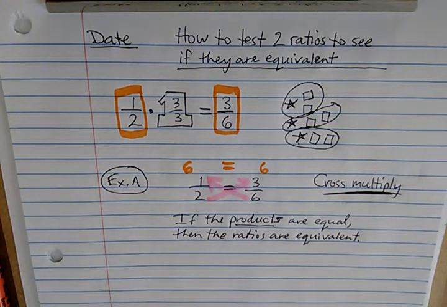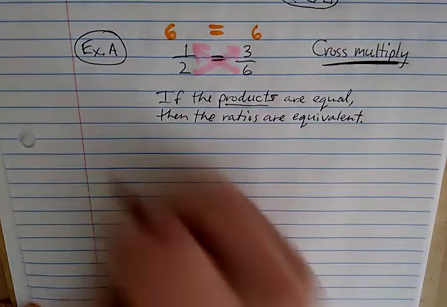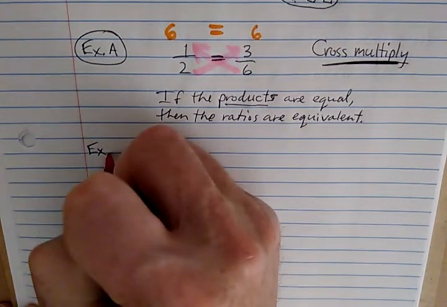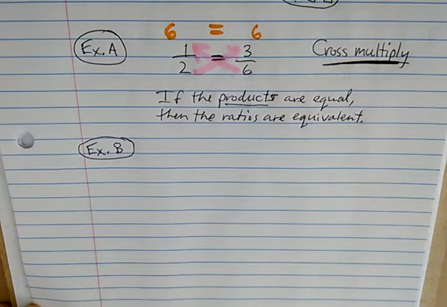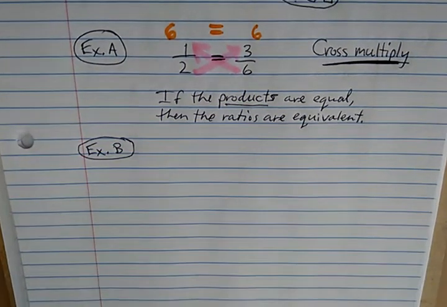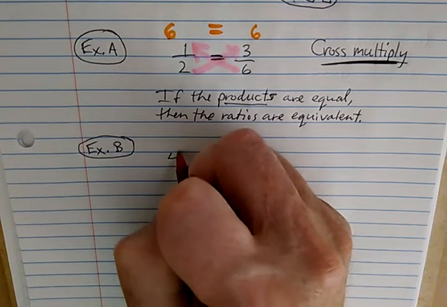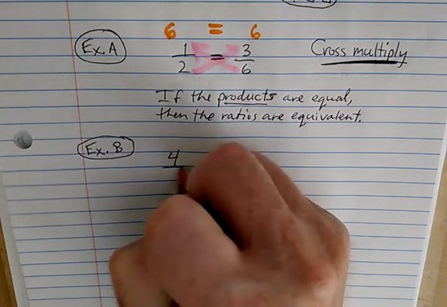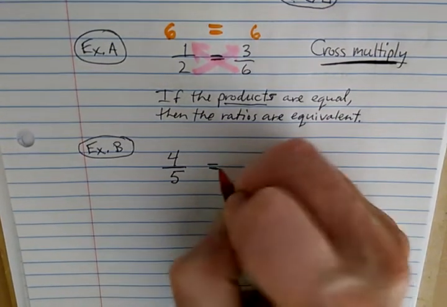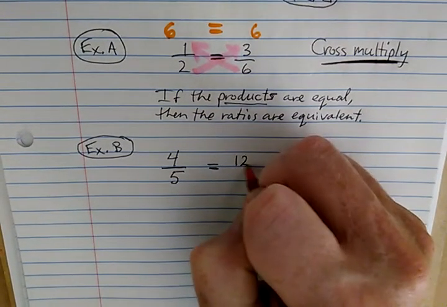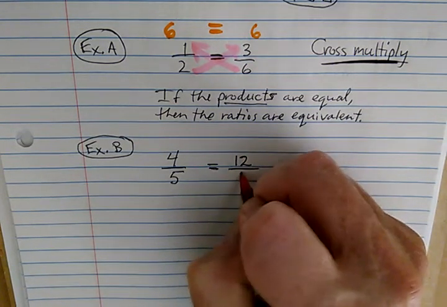So let's look at a couple more examples. Example B. Let's try 4 to 5 equals 12 to 13.